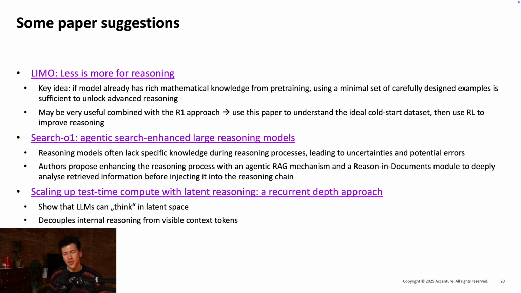However, for some problems, it may not be so useful. For some problems, it may make more sense to have a smaller model. And this way we can just let it think in latent space. So basically we let the RL create its own language to solve the problem much more efficiently.